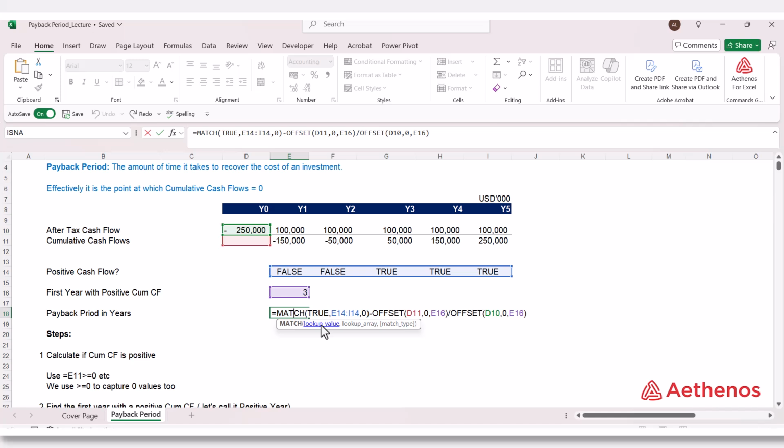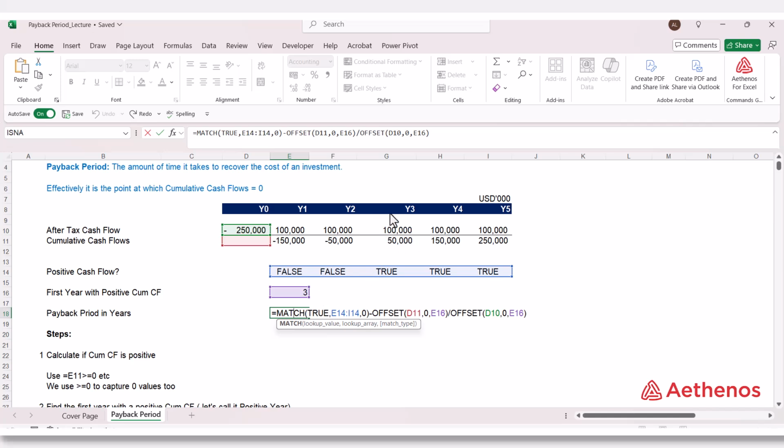The initial MATCH function will find the year when the cash flow has become positive. So the OFFSET functions we have used to get the proportion of the year that corresponds to the value that we need to reduce from the year. So we are taking cash flow, we are assuming cash flows are occurring evenly throughout year 3.